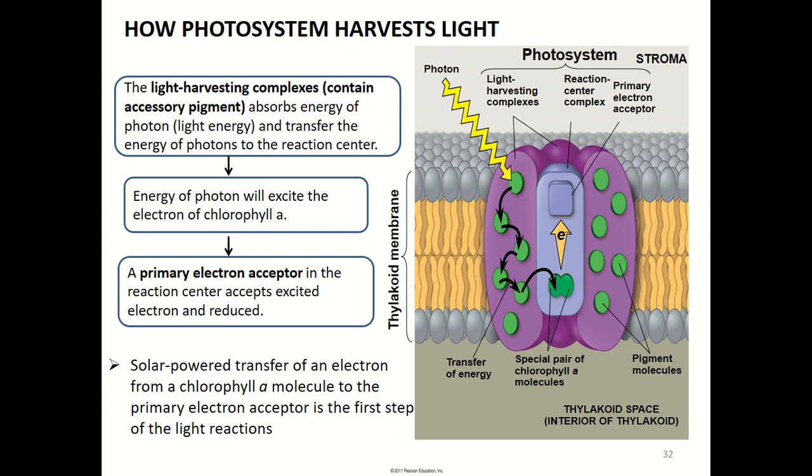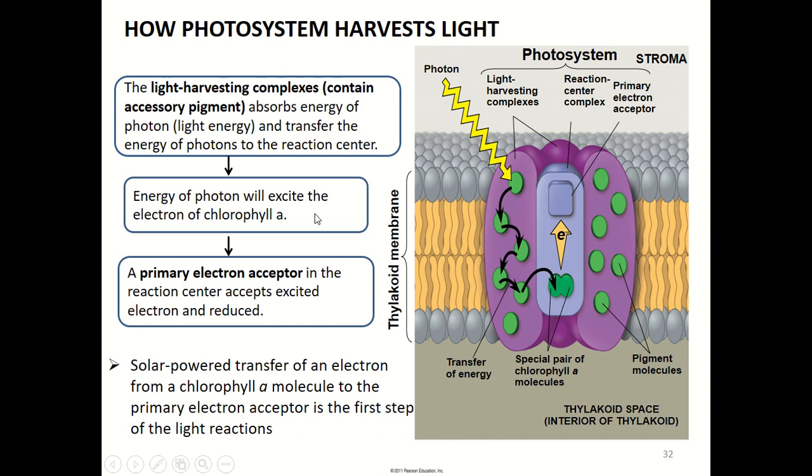So how do photosystem 1 and photosystem 2 harvest light? First, the accessory pigments in the light harvesting complex absorb light energy in the form of photons. They absorb it and transfer it from one pigment to another, and then to the chlorophyll A in the reaction center.